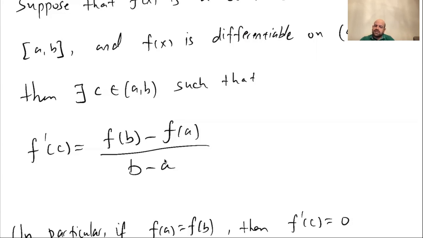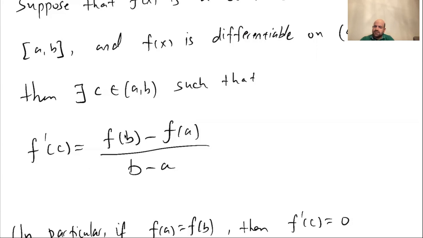What about this case? In this case, f prime of c is not 0 necessarily, so we cannot say that we have a horizontal tangent line at the point c, necessarily. But how can we interpret it?